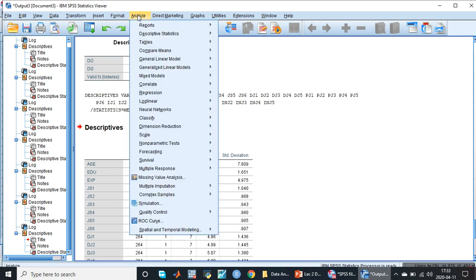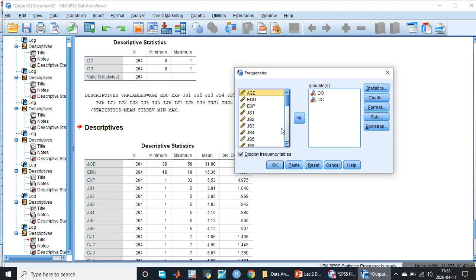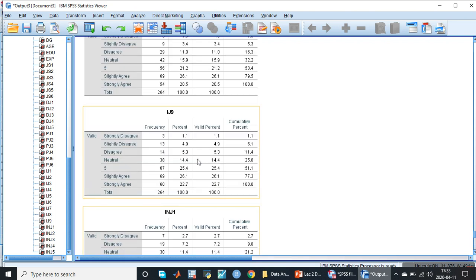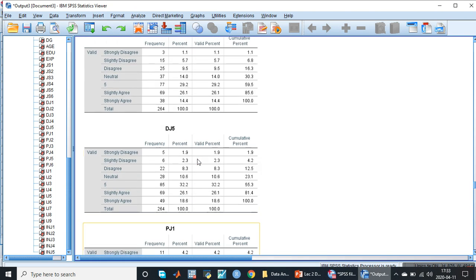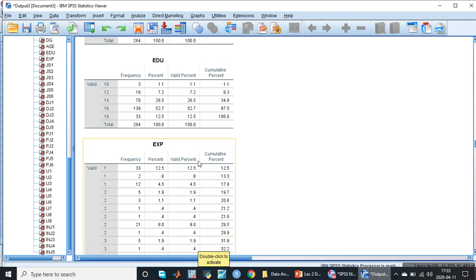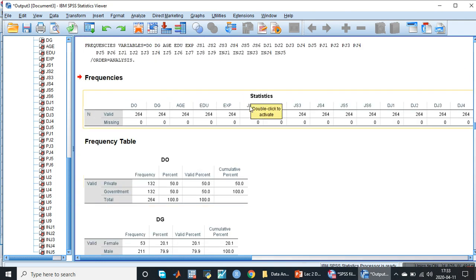Secondly, we will do the frequency distribution, for all of the variables analyzed. Under descriptive statistics, click on frequencies and bring all the variables into the variable box, continuous and categorical. Click on OK, and these are the results. The first table shows the valid values and missing values for all of the variables which you have entered in the frequency box.